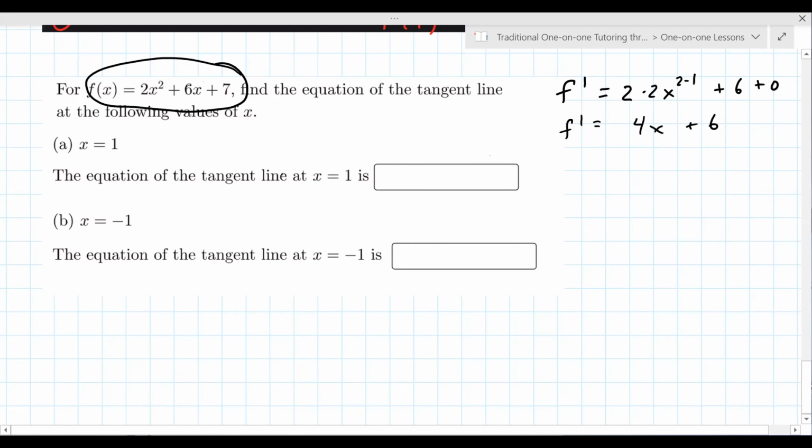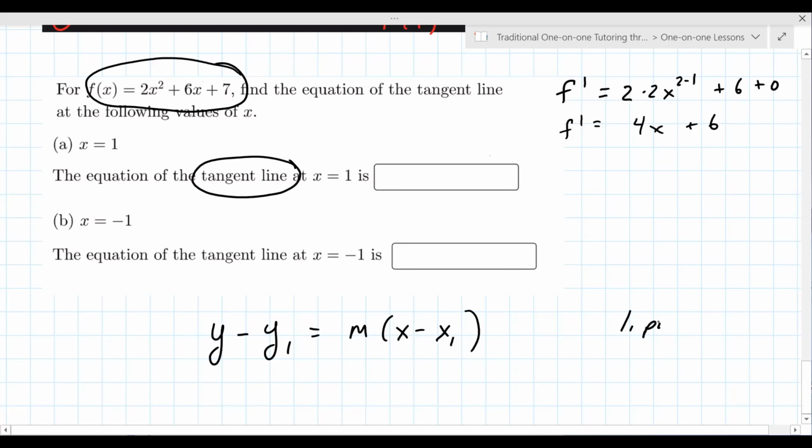They want the equation of the tangent line. The formula you always want to use for a tangent line is point-slope form: y minus y1 equals slope times x minus x1. You need a point and you need a slope. That's why it's called point-slope. Your point comes from this right here.